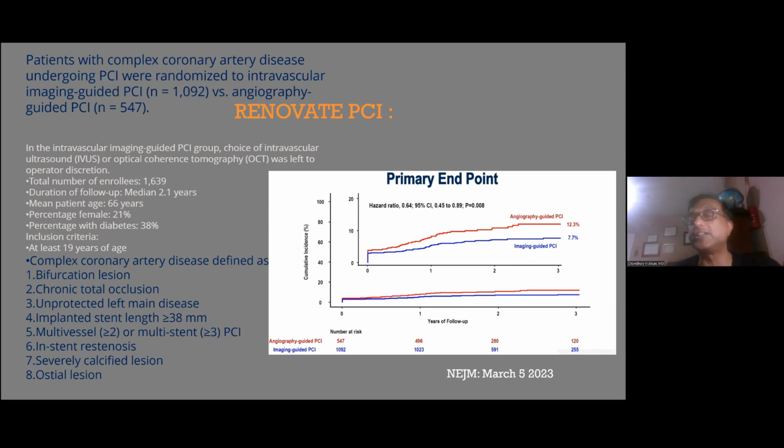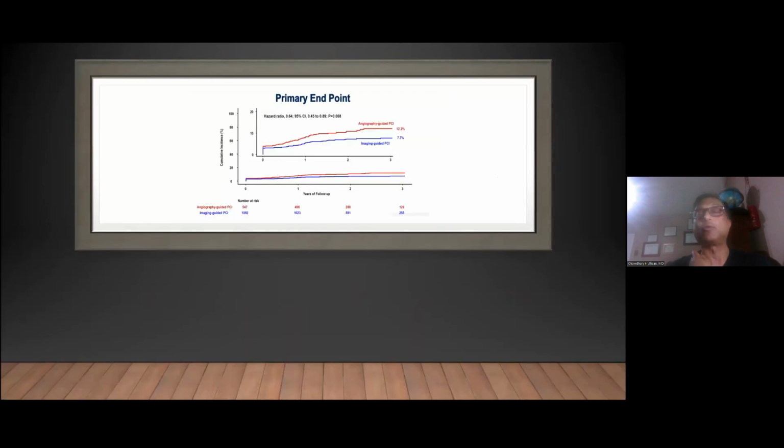These are very important issues where the investigators looked into angiographic guidance of PCI versus imaging guided. And clearly there is an advantage with IVUS and OCT. 75% of the time they used IVUS and 25% OCT, with similar results. And when they used this and were able to do further stent expansion, take care of the problem, the outcome was the best.